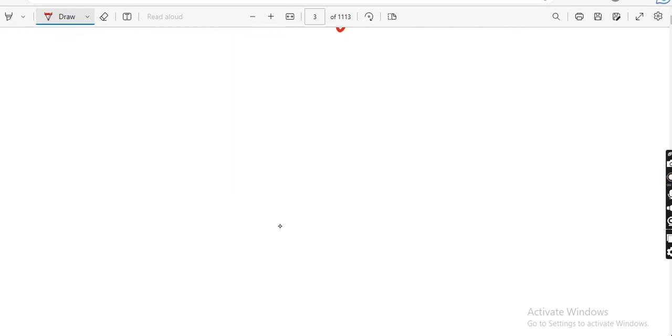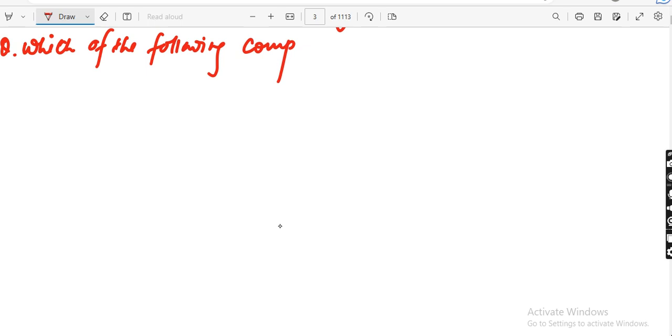So now next question. Which of the following compounds has the highest boiling point?